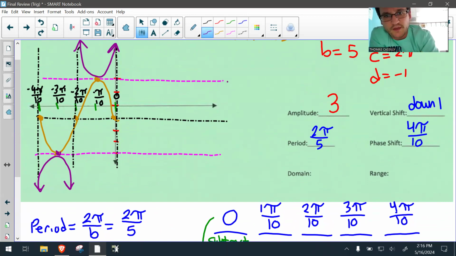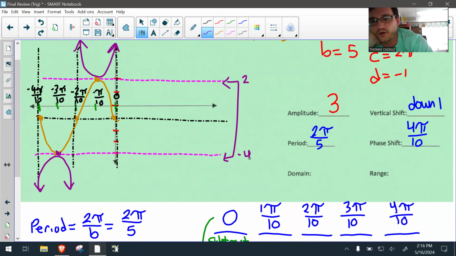The purple one skips all of these y values here. This one looks like it goes up to 2, and this one is down at -4. So your range on this cannot include -4 to 2.